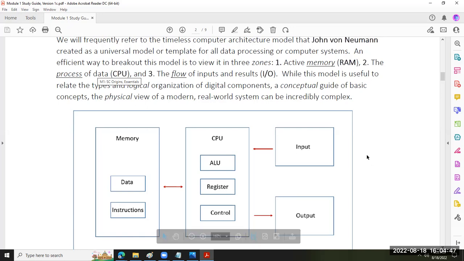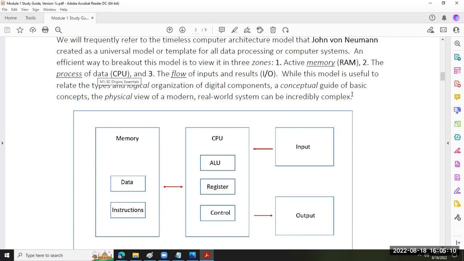Now, why do I take the time to share an example like that? I'm hoping that example will create an image in your mind that makes this easier to remember. So just remember there are three zones: one that has to do with memory, one that has to do with process, and one that has to do with flow. Why is this helpful in scientific computing?